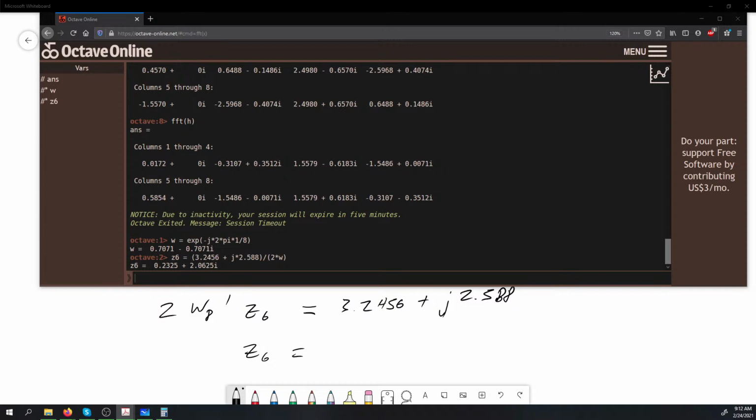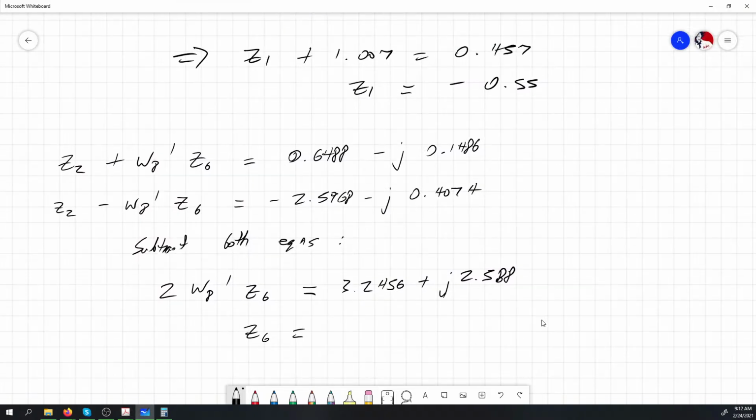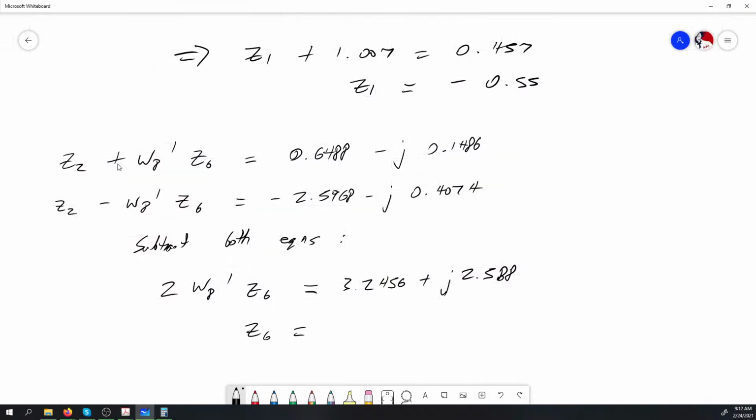Okay, I may have done something wrong here. I'm just verifying my answers and it doesn't seem to be correct. So let's backtrack a little bit to see what I did wrong. Maybe when I was doing the subtraction, I did something wrong in particular. Let me extrapolate this.